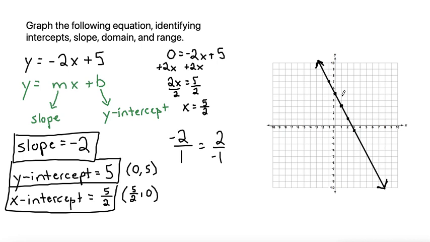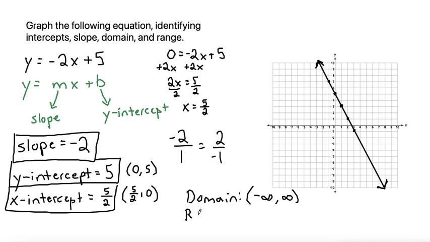So these arrows indicate that because it's a slanted line, anytime you have a slanted line, your domain could be all real numbers. So the domain is going to be from negative infinity to positive infinity, if we're writing that in interval notation.